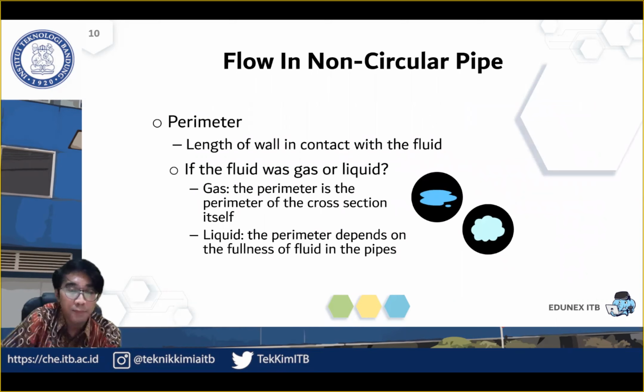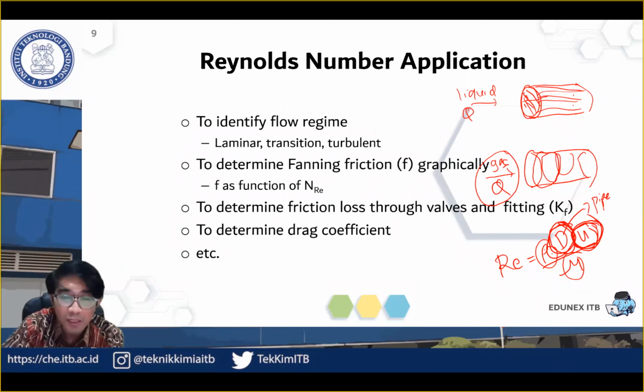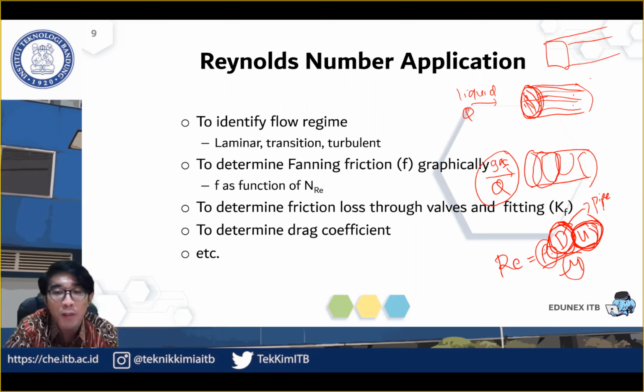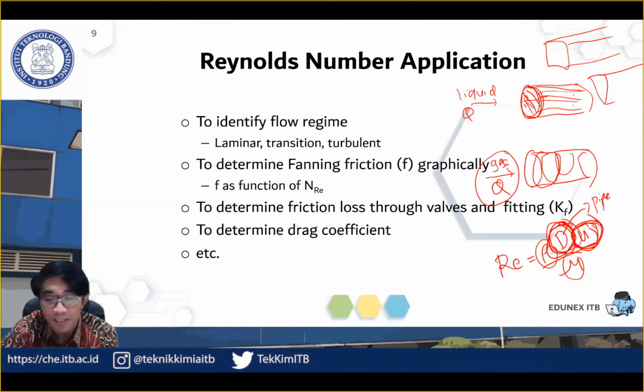So in this context, or maybe if the pipe is not cylindrical, right? So the area is not a circle, sometimes you encounter a rectangular pipe or maybe a triangular pipe. So the calculation of the diameter will be different. Okay.